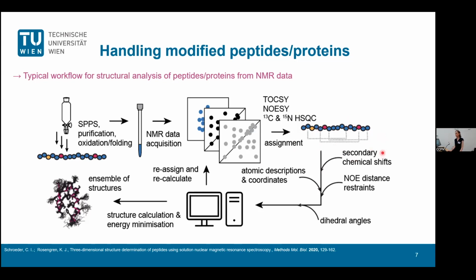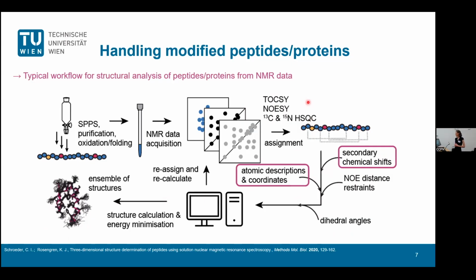Once we've got the assignments, we assemble those with secondary chemical shifts, distance restraints, atomic descriptions and coordinates, and whatever dihedral angles we can get. Go through our rounds of structure calculation and reassignment until we have our ideally nice ensemble of structures. So fairly traditional workflow, but a slightly different perspective in that we're heavily focused on the proton-proton 2D data.